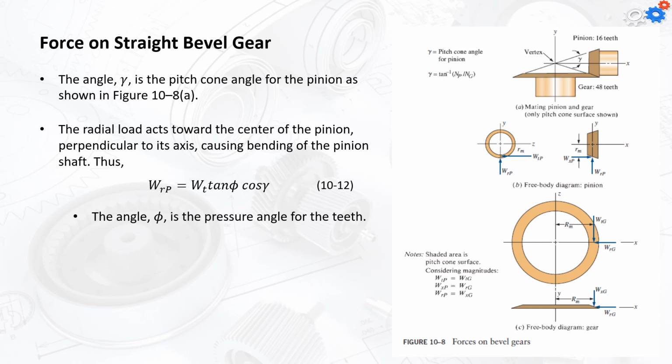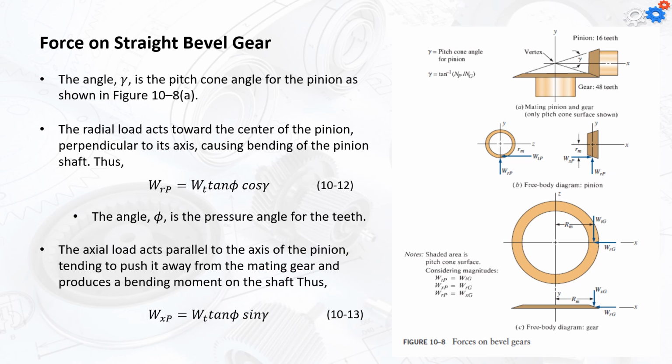The radial load acts towards the center of the pinion, perpendicular to its axis, causing bending of the pinion shaft. Thus, WRP equals the tangential force multiplied by the tangent of phi, which is the pressure angle for the teeth, multiplied by the cosine of gamma, the pitch cone angle for the pinion.